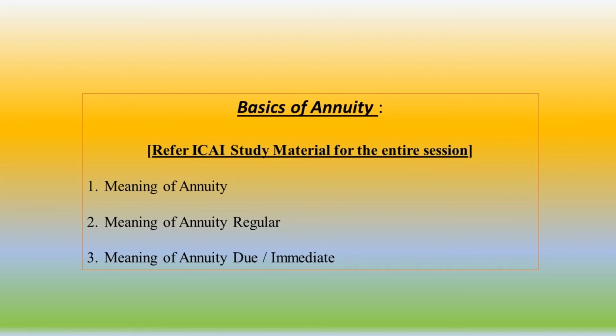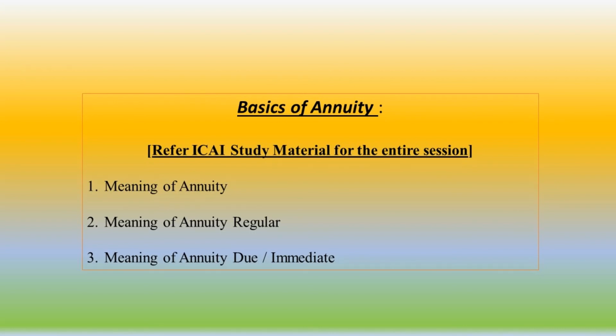I repeat, the first step would be to identify, based on the given problem, whether it involves an annuity regular related question or an annuity due or immediate related question. The second step would be, if it relates to annuity regular, then does it further relate to future value of annuity regular or present value of annuity regular?